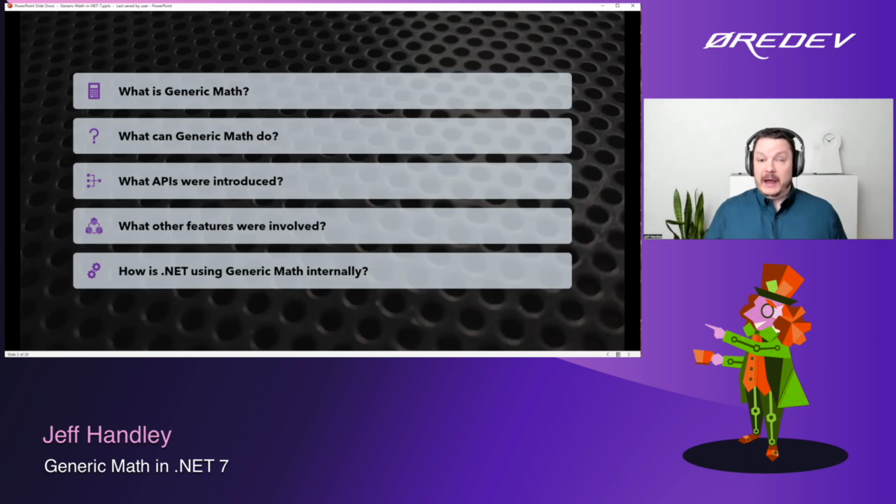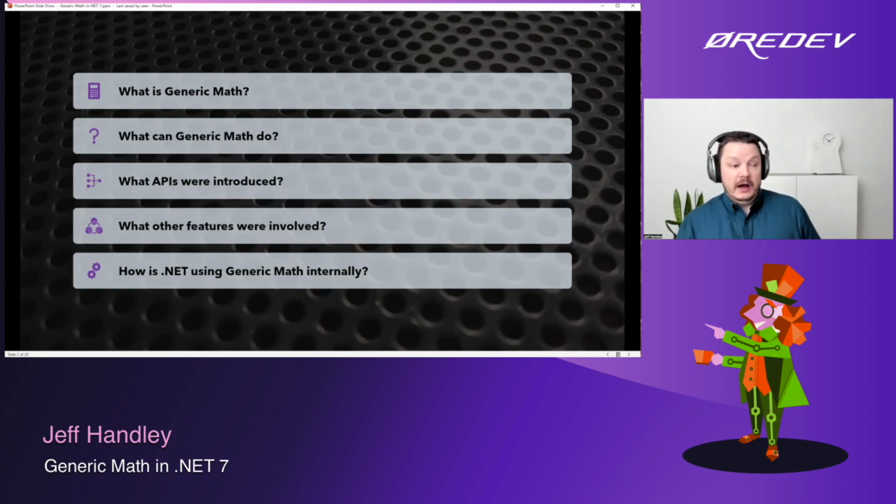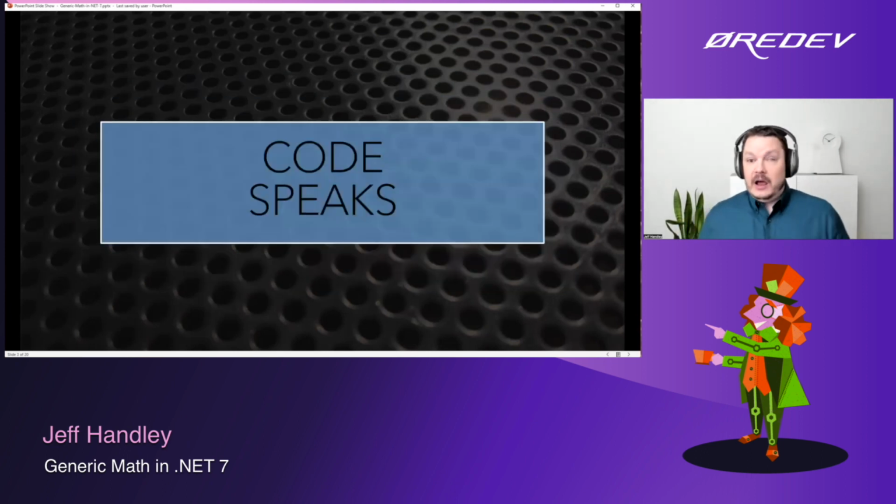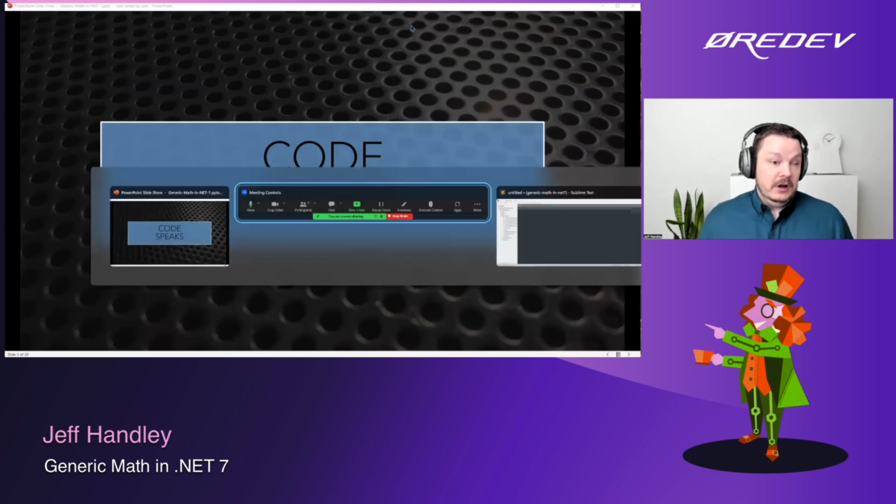So we'll talk about how those APIs were designed and what they're shaped like. And then at the very end, I'm just going to show a couple of small examples of how .NET internally is using generic math, how we've started to refactor some of our own code to use these new patterns and practices. So like I said, I want to dive right into Visual Studio.